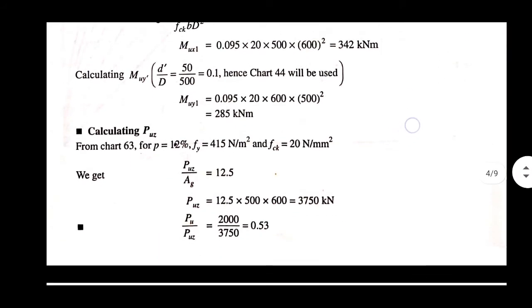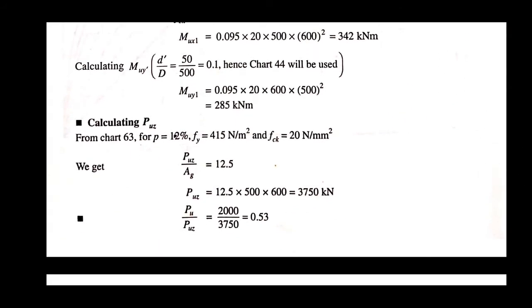Now we have to calculate Puz, which we can calculate from chart number 63 of SP16. The percentage of steel we know is 1.2%, fy is 450 Newton per millimeter square and fck is 20 Newton per millimeter square.